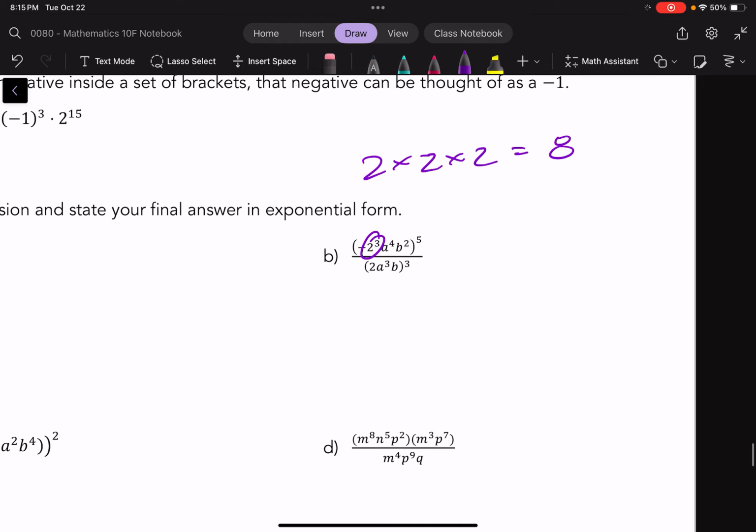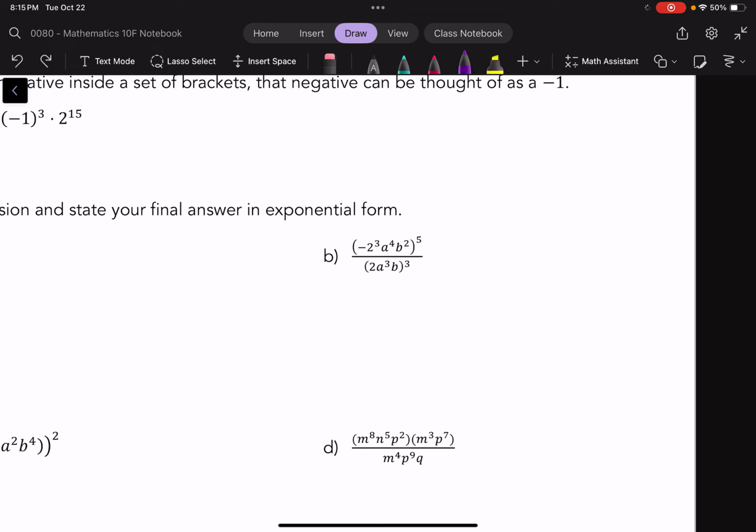It's a good idea to keep that written as 2 to the power of 3, because then we can start applying our power laws to it. Like when we have this power of 5, that's going to kind of distribute into everything. As well as this 2, whatever exponent it's going to have on the bottom, we're going to be able to use our quotient law. So keep it in exponential form.